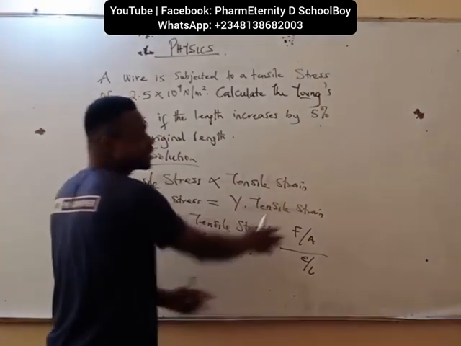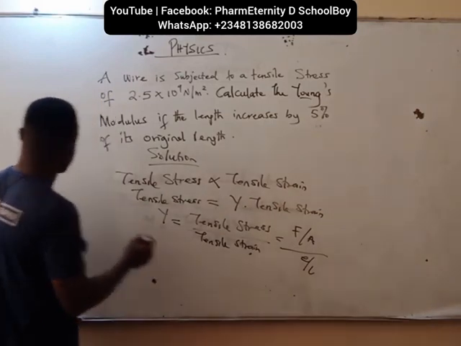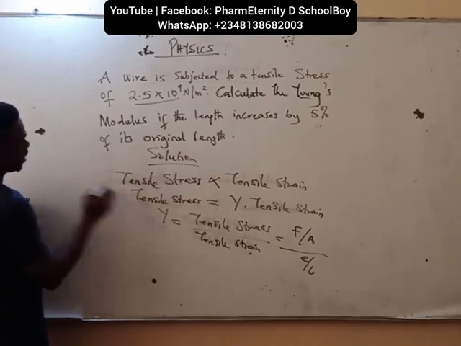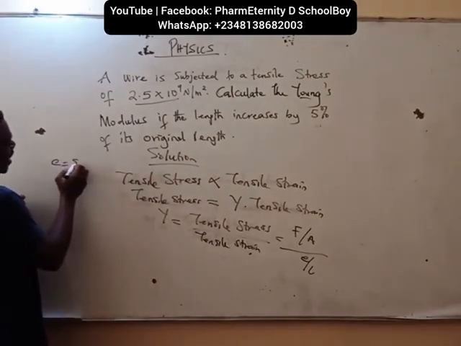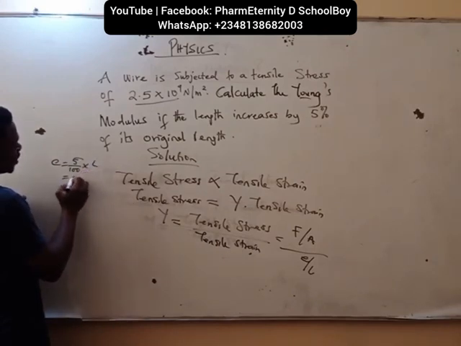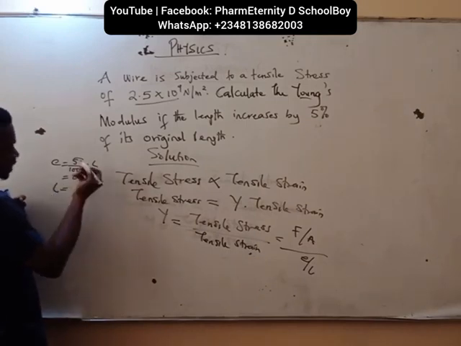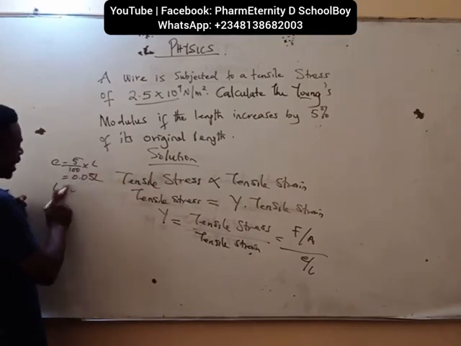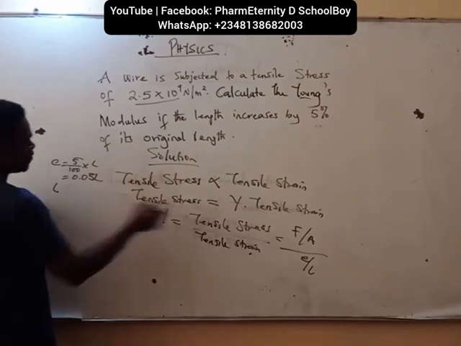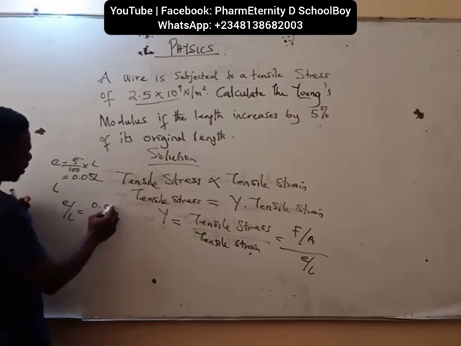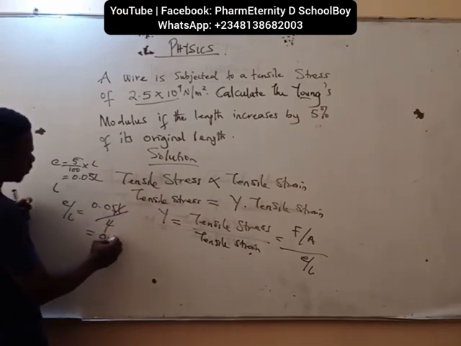So now we put everything back. Let me write it out here. Stress is already here. E is 5 over 100 times L, which is 0.05 L, while L is still L. So if that is the case, that means E over L is equal to 0.05 L over L. L will cancel L, so we are left with 0.05.